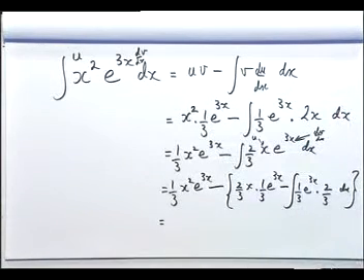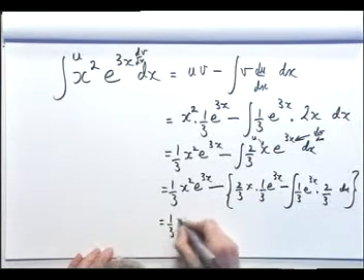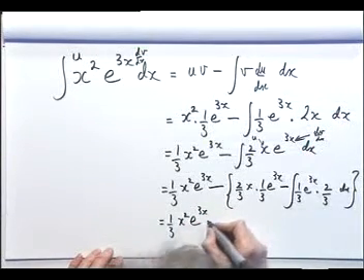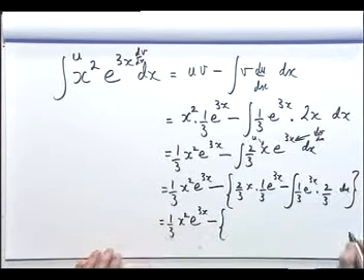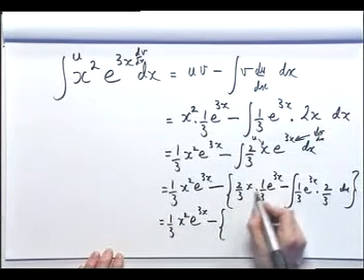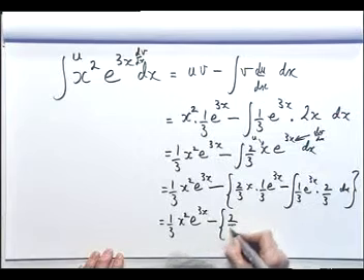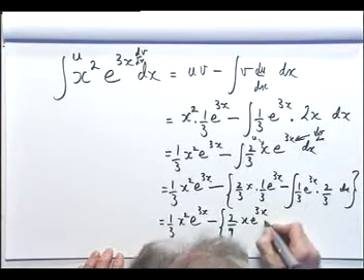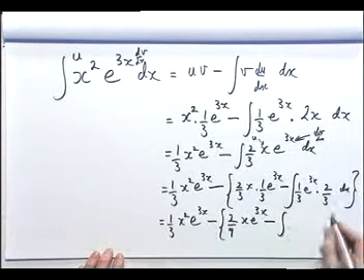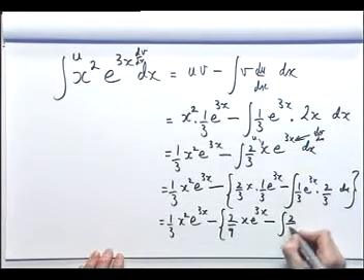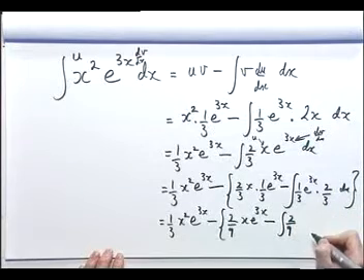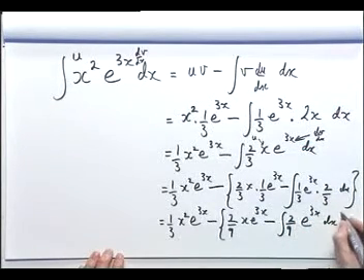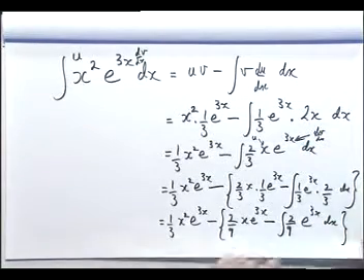Now let's tidy this up. 1/3 of x squared e to the 3x minus, and I'm going to keep the bracket there for the time being, 1/3 times 1/3 is 2/9 x e to the 3x minus the integral of 2/9, 1/3 times by 2/3, e to the 3x dx, and close the bracket.